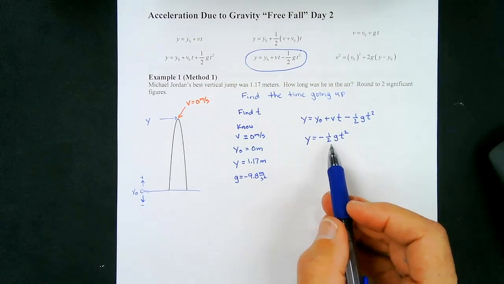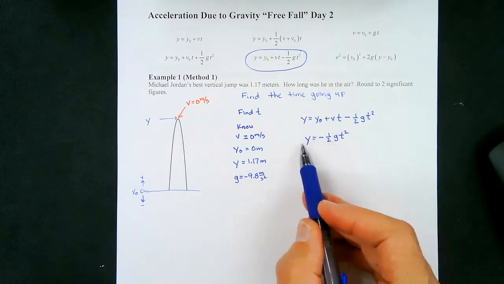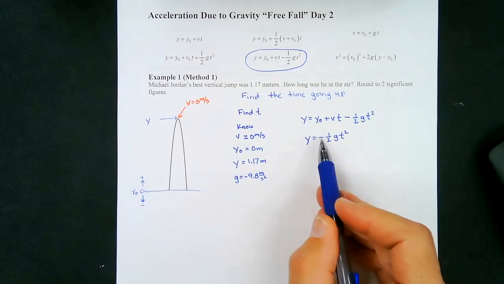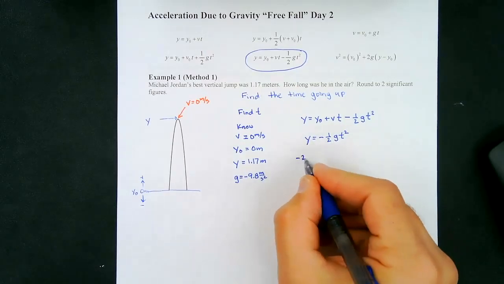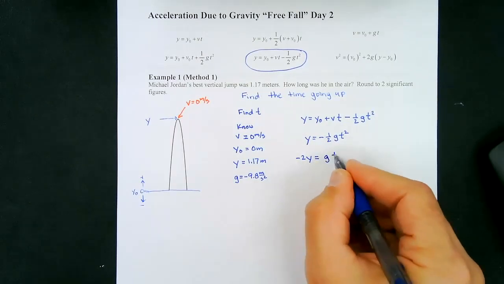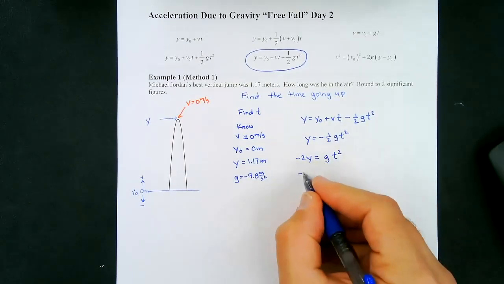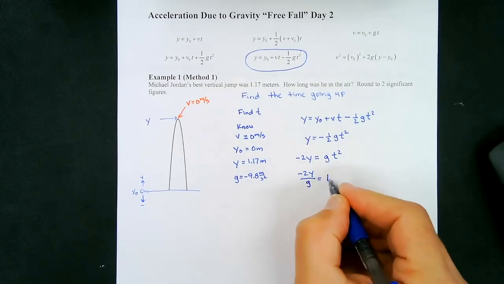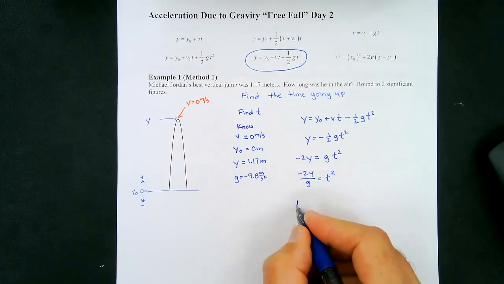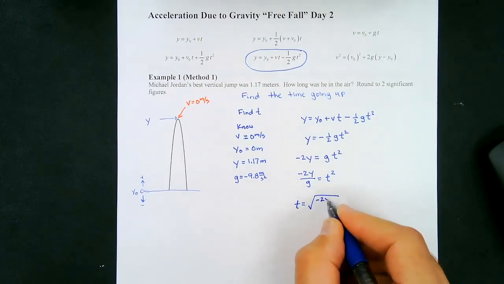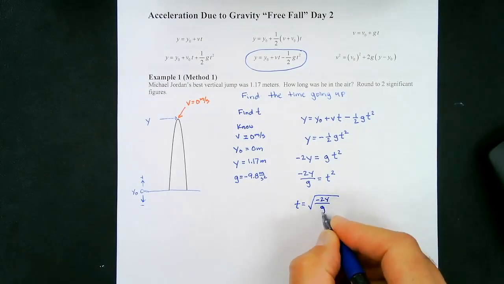To clear out the fraction, since I'm trying to get to t, I'm going to multiply both sides by -2. So I get -2y equals gt squared. That means -2y divided by g equals t squared, and so t is simply the square root of -2y over g.